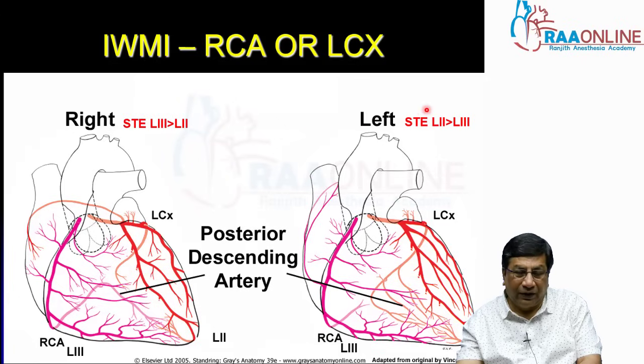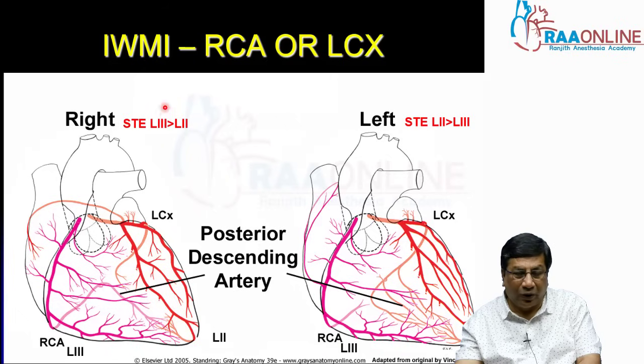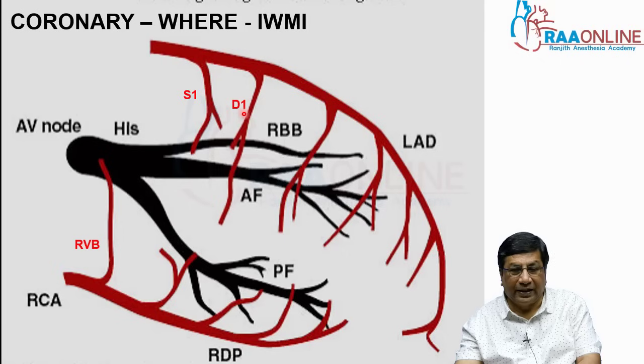In contrast, in inferior lead ST elevation, if L2 has more elevation than L3, that means you are dealing with a left circumflex inferior wall infarction. So this is how we first localize whether it is a right coronary or a left circumflex inferior wall infarction, depending upon which lead shows more elevation of these 3 leads.